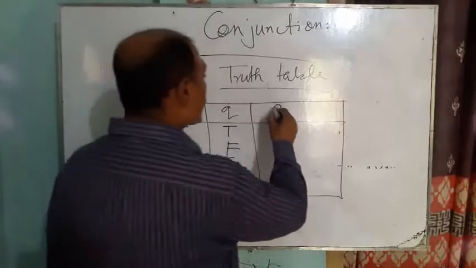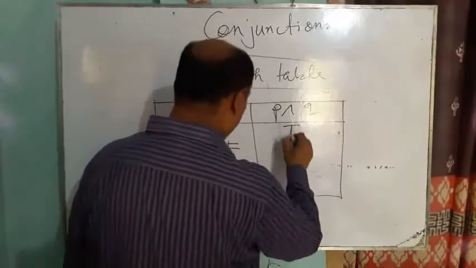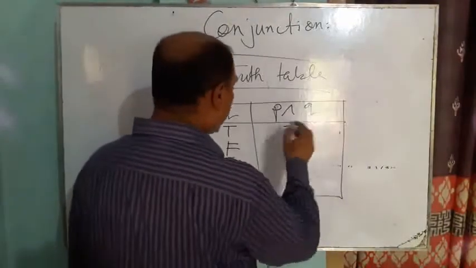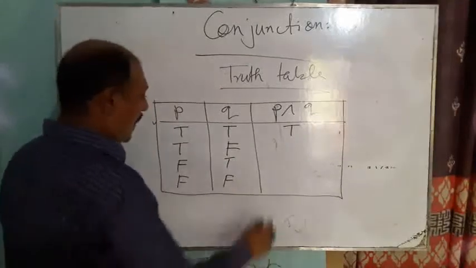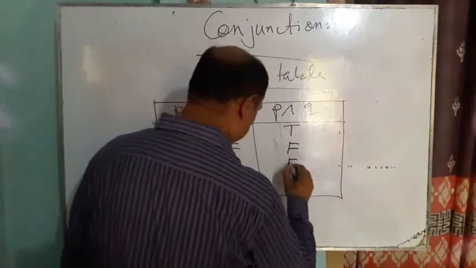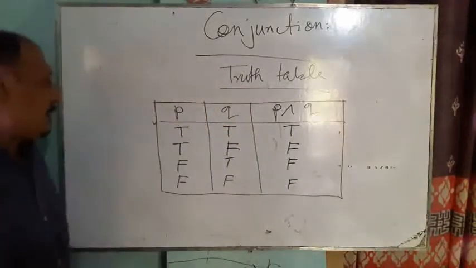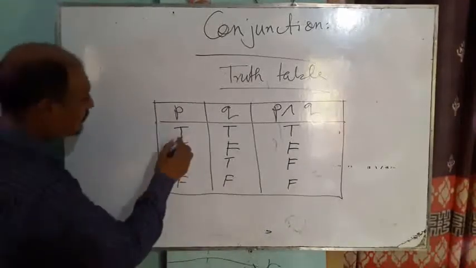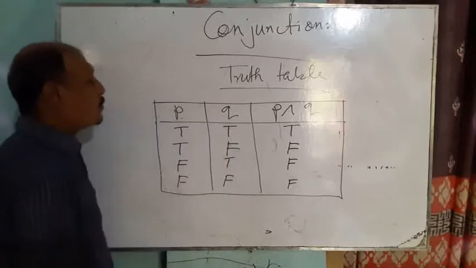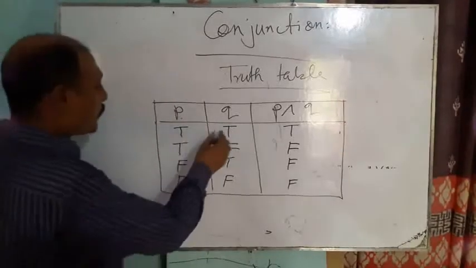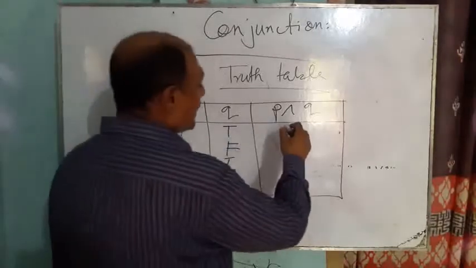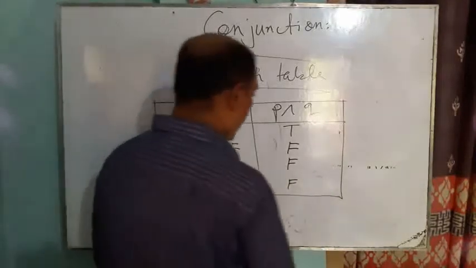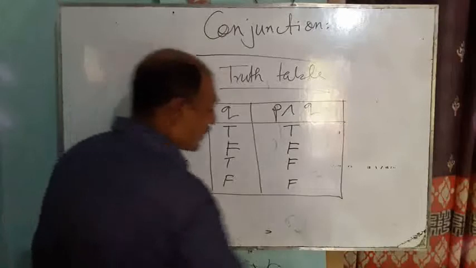When P is true and Q is true, then P conjunction Q is also true. Otherwise false. So we can say that if P and Q are true, then P conjunction Q is true. Otherwise P conjunction Q is false.